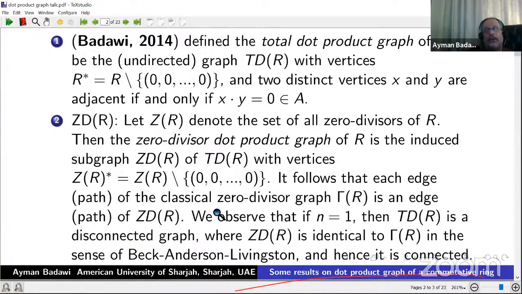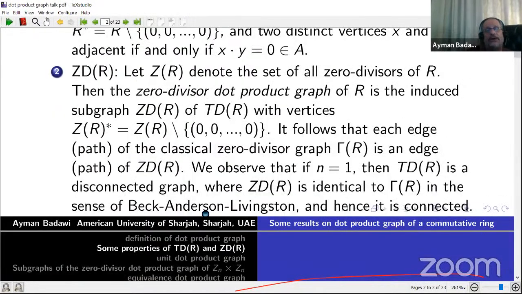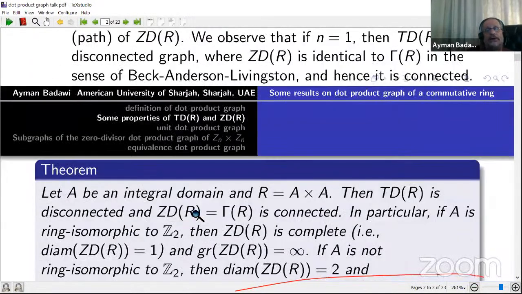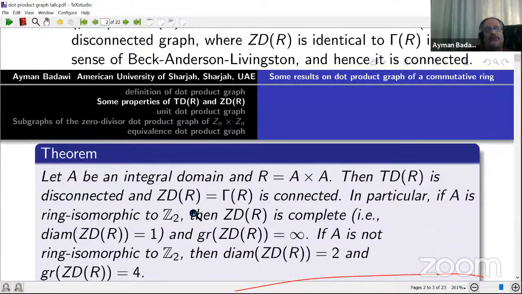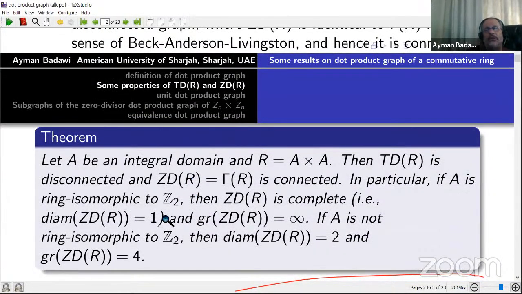Okay, that's what I mentioned. So here is the first result. And one thing about this kind of graph, there is always a question, why do we study graphs of rings? One of them, the graph by itself is a beautiful subject, but there is another reason.